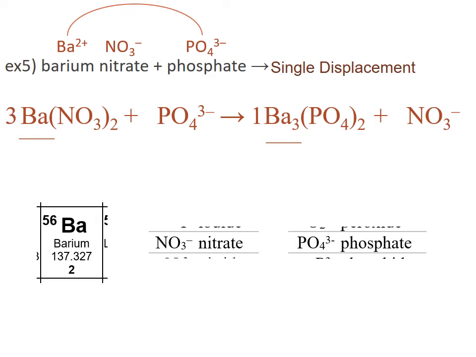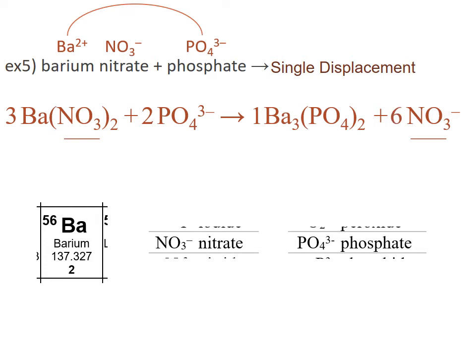I will balance out the phosphates as a chunk. When I put a 1 in front of the barium phosphate, that gave me 2 phosphates, so I will place a 2 in front of the phosphates on the reactant side. I will also balance the nitrates as a chunk. I have a total of 6 nitrates in the barium nitrate. So that means I need 6 nitrates on the product side. So I will place a 6 in front of the NO3-.